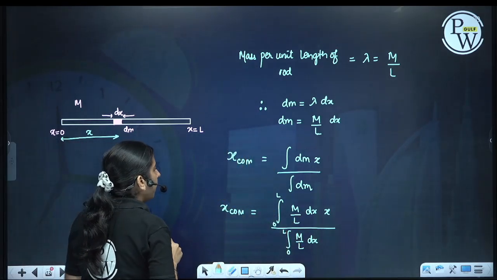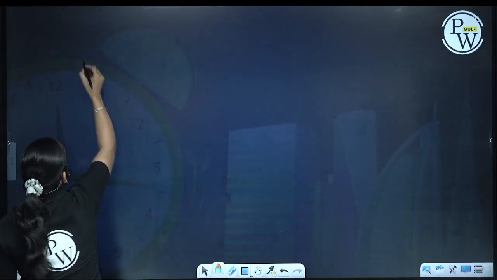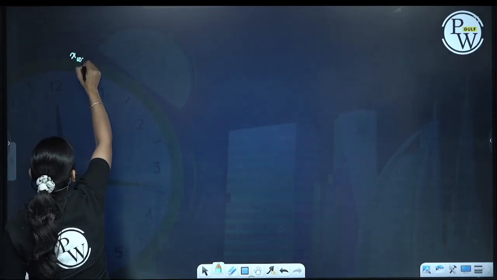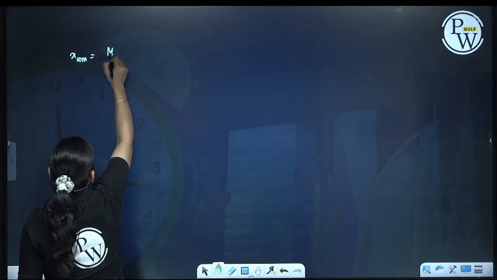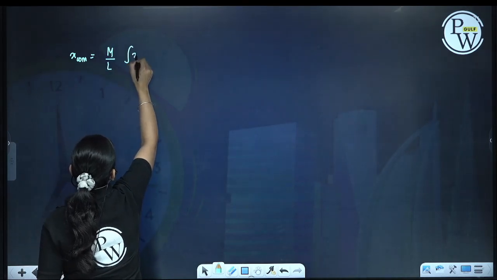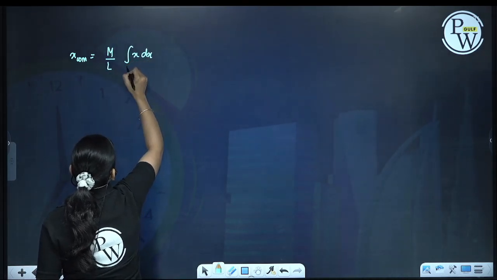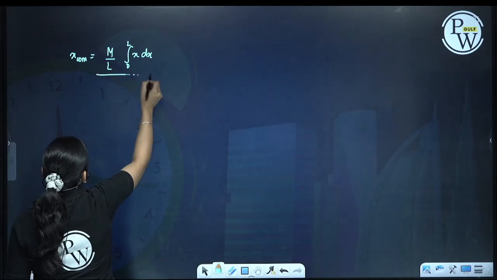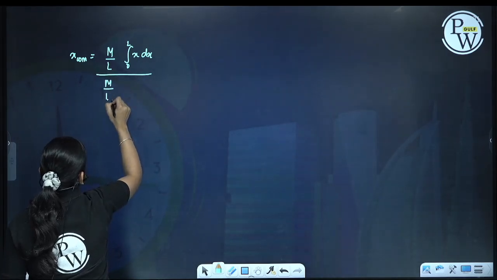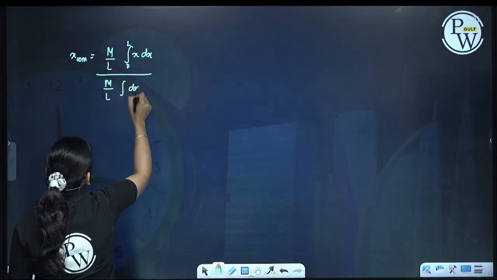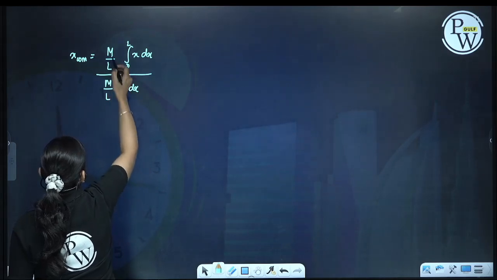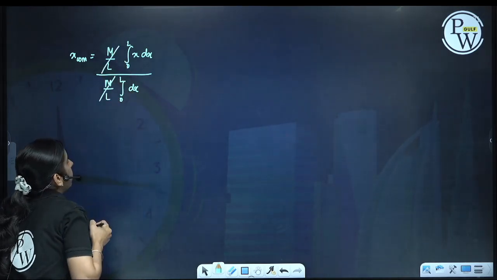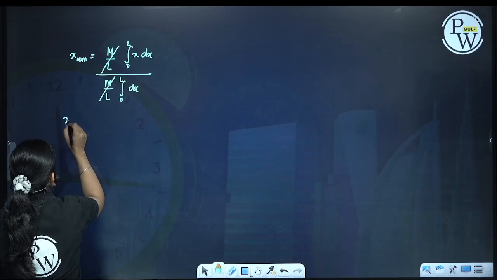Now this M by L will come out. We will have x_cm equal to M by L into the integration of x dx from 0 to L, divided by M by L into the integration of dx from 0 to L. M by L gets cancelled.